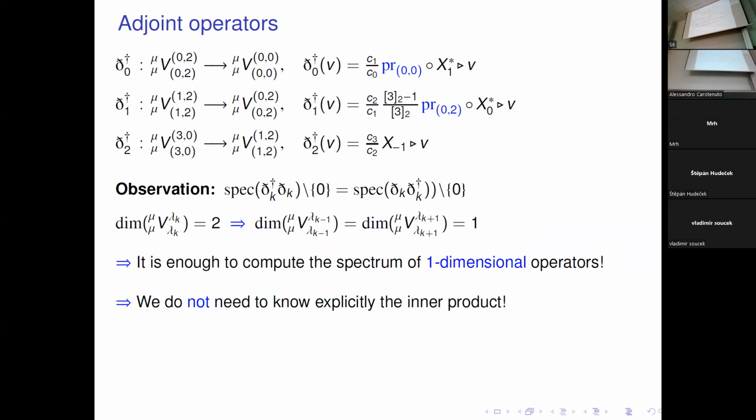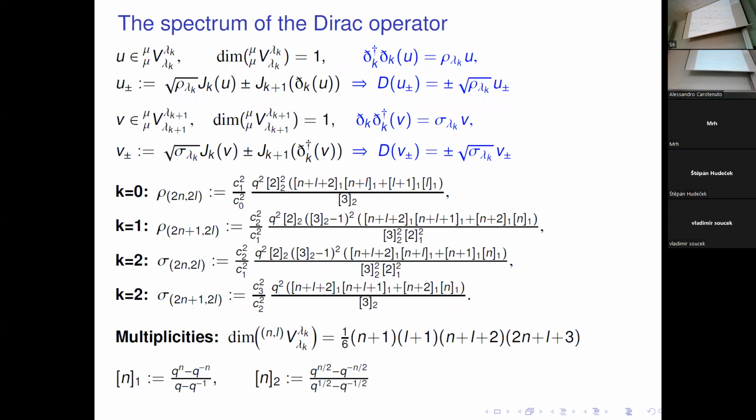There's another way to do it. If you could really compute the inner product, we don't need the projections. But this is a little trick. So we express these projections by algebraic expressions, so we can compute the spectrum by just acting with invariant vector fields on highest weight vectors. And that's what we did.